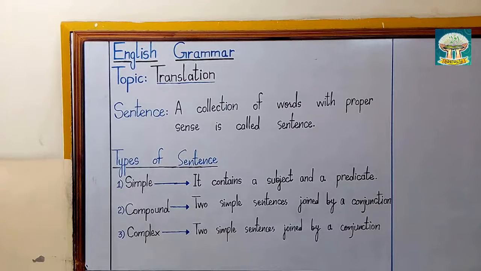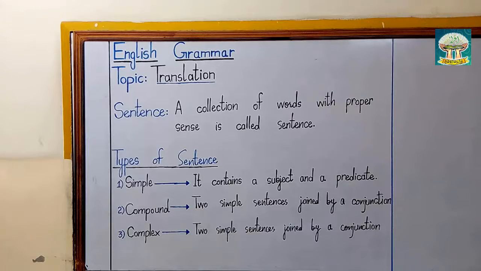There are 2 more types, compound and complex, and you can see on the board I have written the description for compound and complex sentences. 2 simple sentences joined by a conjunction can be called a compound sentence and can be called a complex sentence. You already know a simple sentence contains a subject and a predicate.